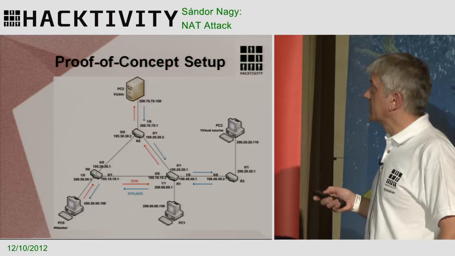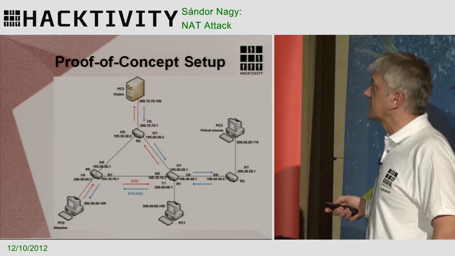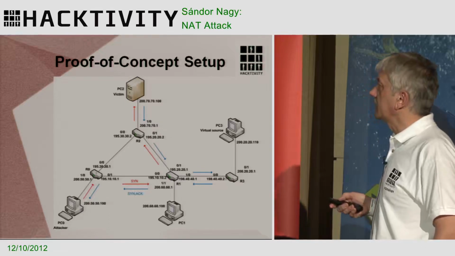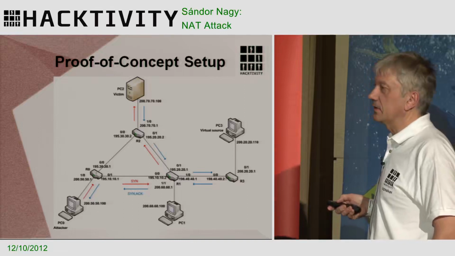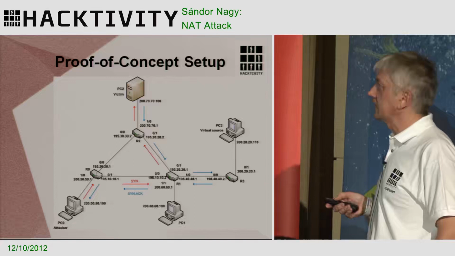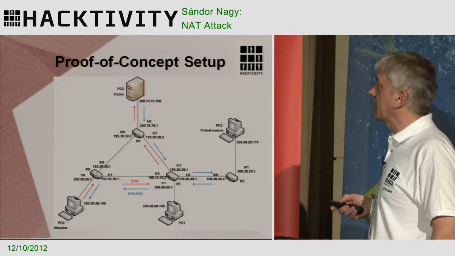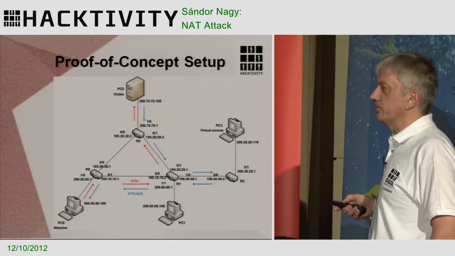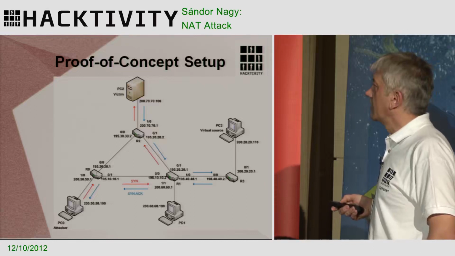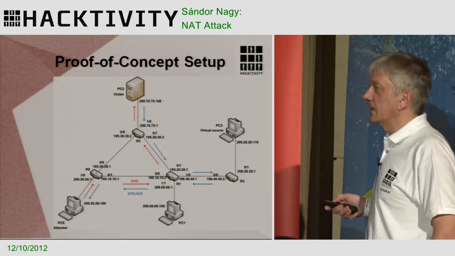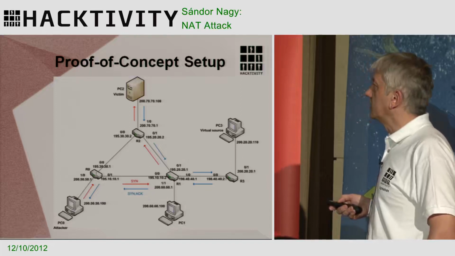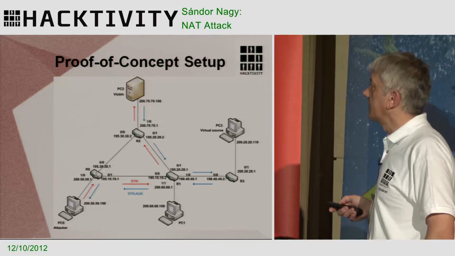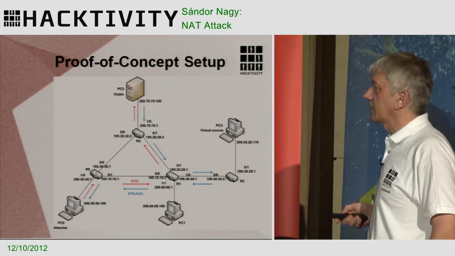But what about the reply packets? The seized router receives the reply packets, and because the reply packet is an inside to outside packet, first of all, the routing decision is made, and the routing decision is that this packet should be sent out in this direction. Then after the routing decision, the network translation is done, and the packet is sent out in this direction with the source address of the virtual target and with the destination address of the attacker.